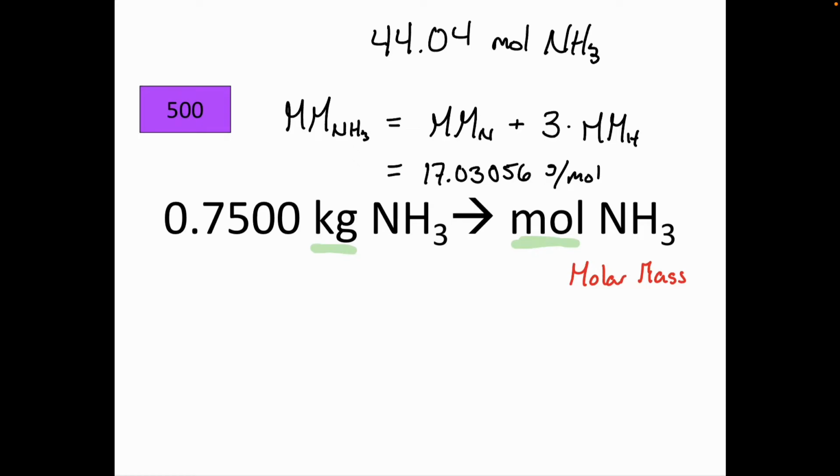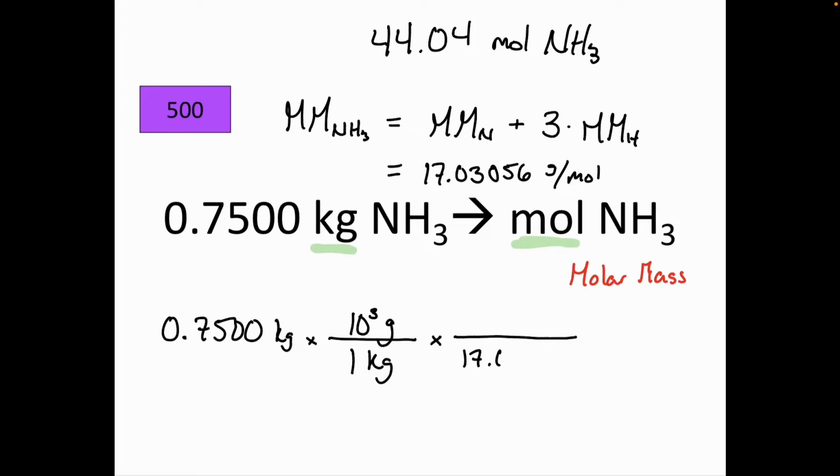So that will help me to convert from grams to moles, but my mass is actually in kilograms. So the first thing I'm going to have to do is convert my 0.7500 kilograms into grams using that metric prefix conversion. Now I'm in grams of ammonia, so now I can divide by that molar mass, and I will be in moles of ammonia.